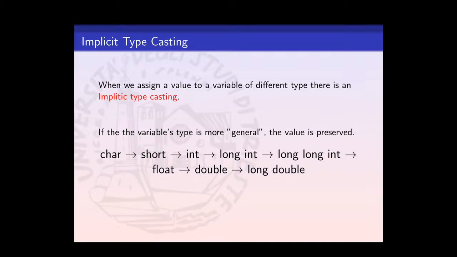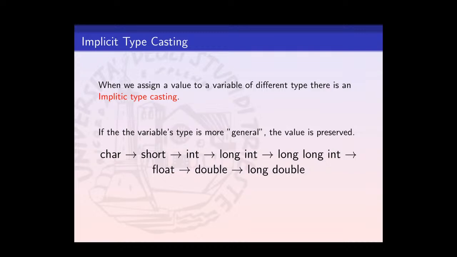Okay. And whenever the type of the variable to which you want to assign the value is more general than the type of the value itself, the value is preserved. So if we take an integer value and assign it to a floating point number, usually the value is preserved, while the other way around is, of course, not true.